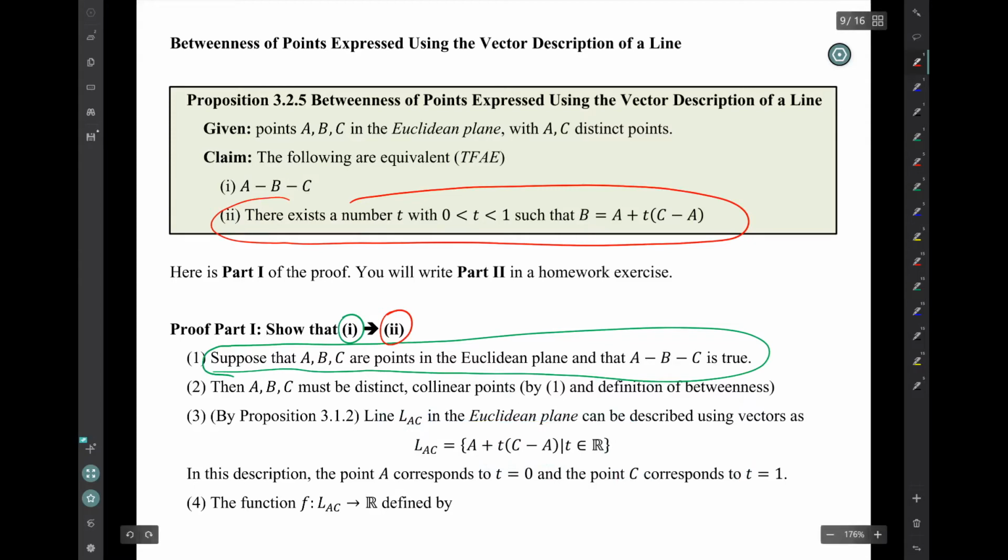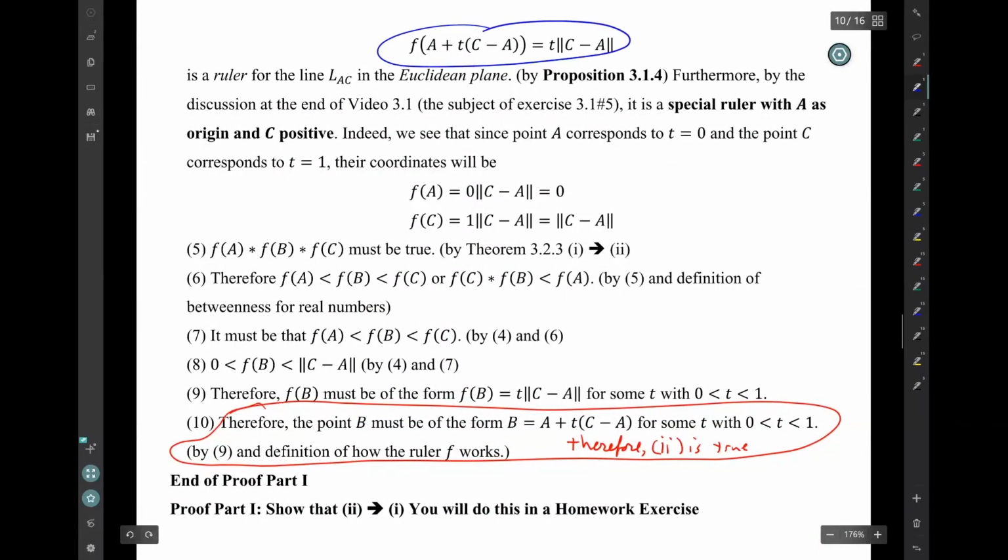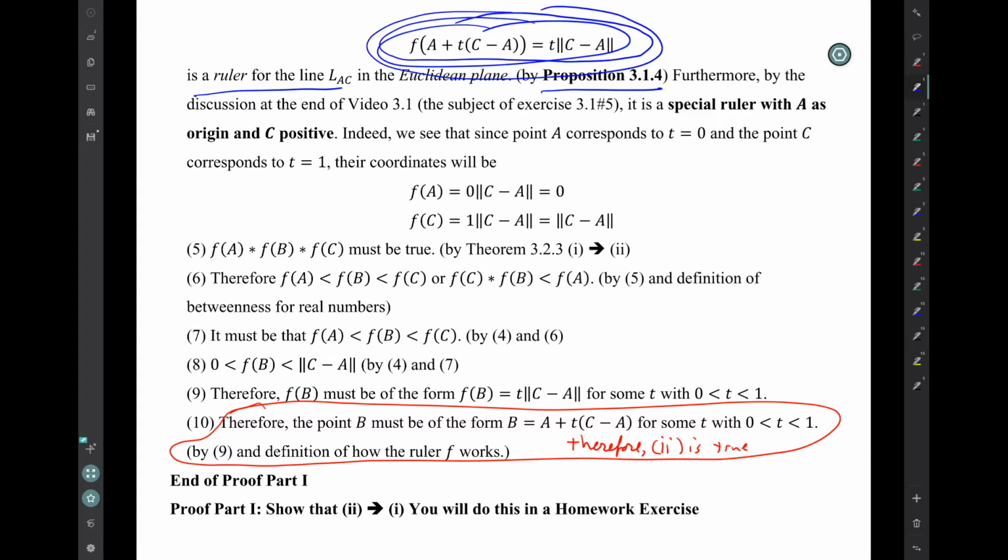Now, the function from the line AC to the real numbers, defined in vectors this way, is a ruler for the line. That's using an earlier proposition from section 3.1, where we discussed that when you have a line described in vector form in the Euclidean plane, this function described in vector form is a ruler for that line.